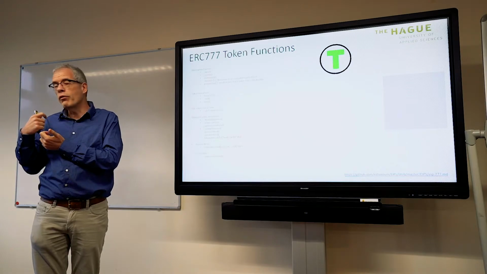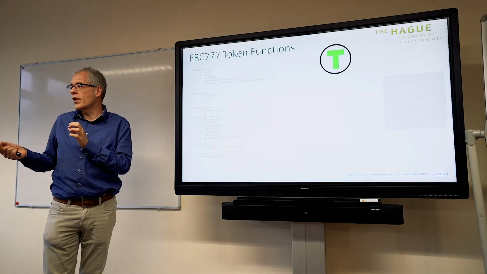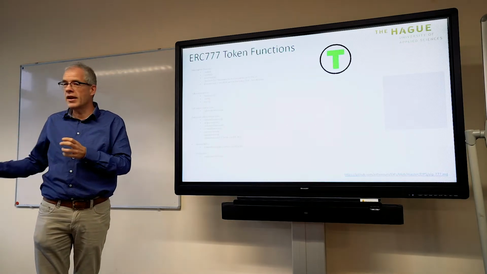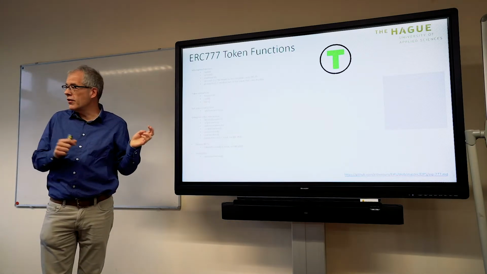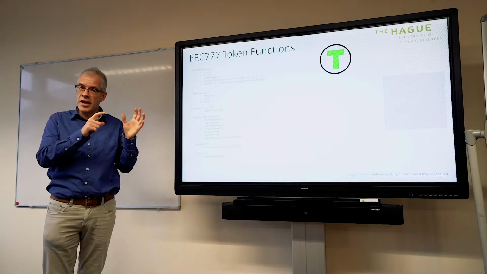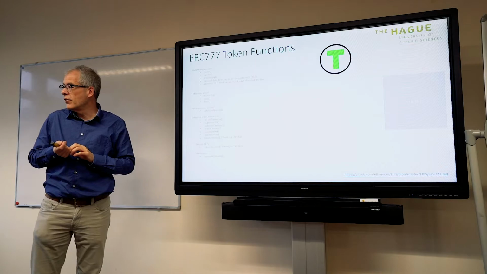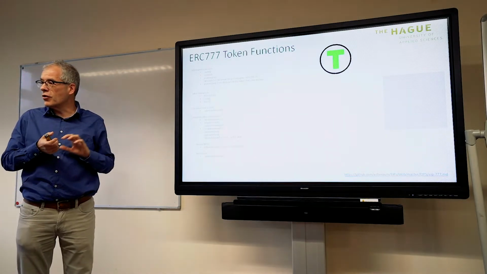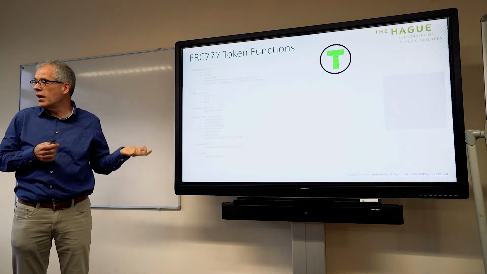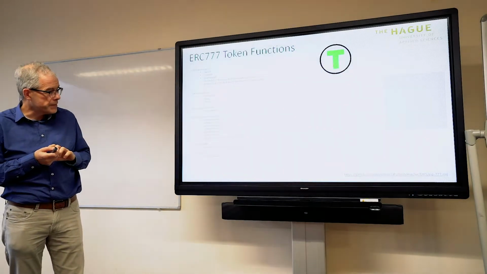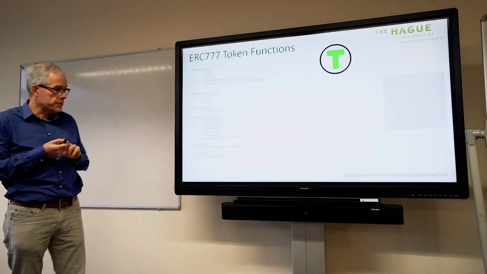Because a wallet can call functions to transfer tokens, but a contract itself, if it's not programmed to do that, cannot call a transfer function to transfer the tokens again. So in practice, a lot of people have made mistakes and transferred tokens to a contract, and they're completely stuck now. So that's why they invented some security measures. It's also in the ERC 721, and it's also in this one. And then you have to call other functions to transfer your tokens.